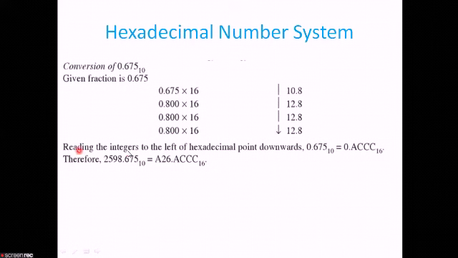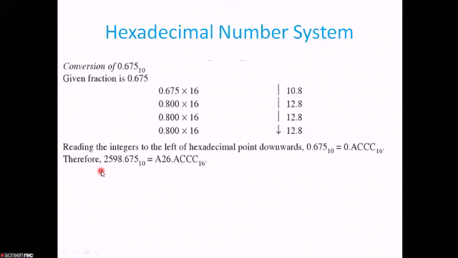Reading the integers to the left of the hexadecimal point downwards, 0.675 to the base 10 is equal to 0.ACCC to the base 16. Why is it C? Because 12 is equivalent to C in the hexadecimal number system. So ultimately we can get the whole converted number.